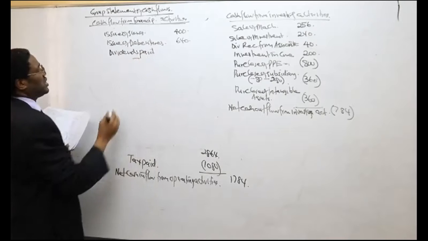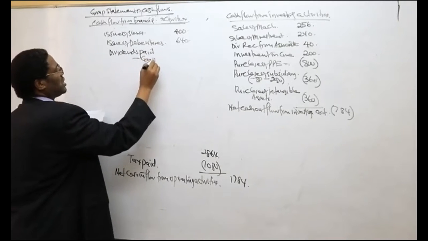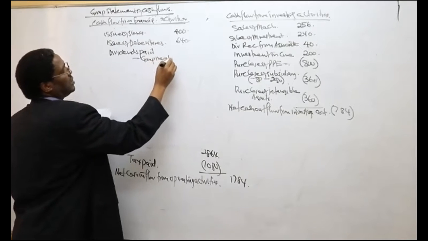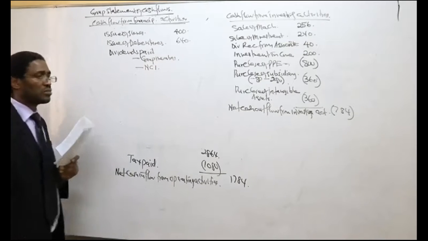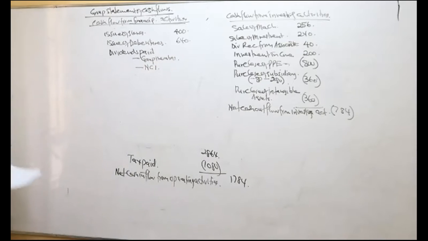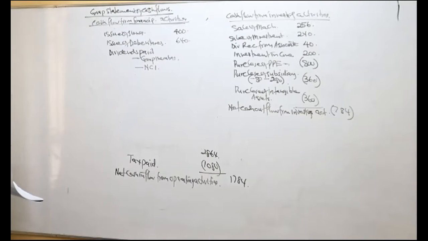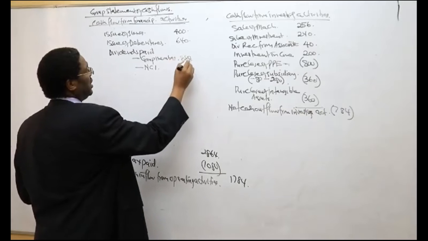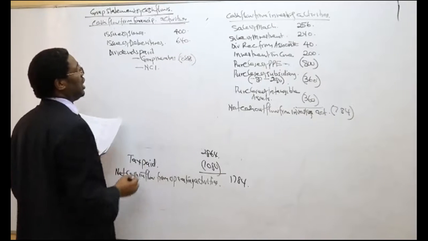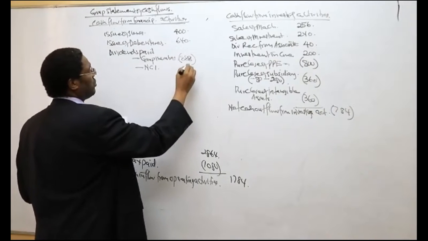Don't forget, we have said there are two categories of dividends: dividends paid to group members, and dividends paid to the non-controlling interest. So go to where we did that working. We got an amount of dividends paid to group members of 888, while for dividends paid to the non-controlling shareholders, we paid them 40, I remember.